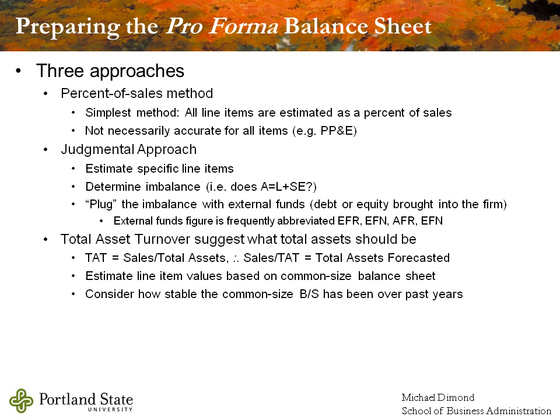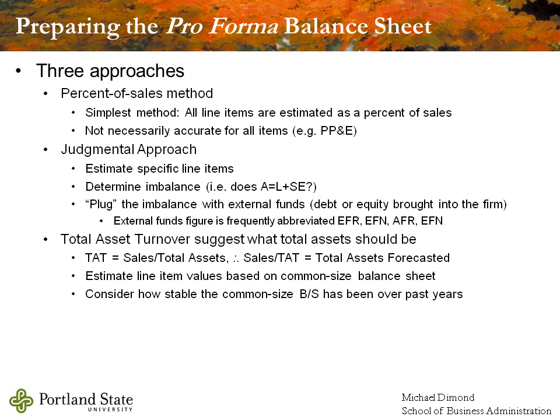Now, the external funds figure is frequently abbreviated with EFR or EFN or AFR or AFN, standing for extra funds required or extra funds needed or additional funds required or additional funds needed. The formulas that exist for this are things that finance majors will get into in later classes. But the important thing that you need to know is that it's simply by what amount is the balance sheet out of balance.